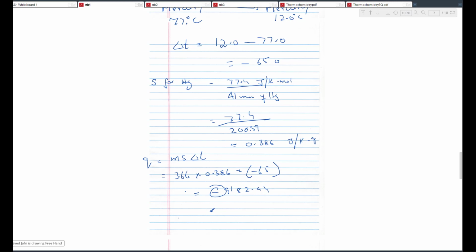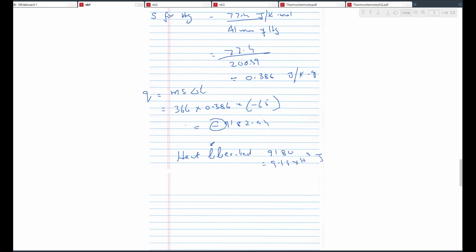So heat liberated, I'm rounding it to three significant figures. I can say 9.18 times 10 to the power 3 joules. And if you want kilojoules, divide by 1000, you will get 9.18 kilojoules.